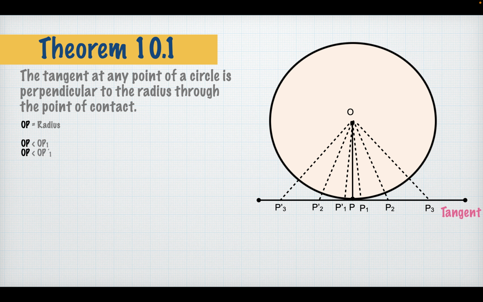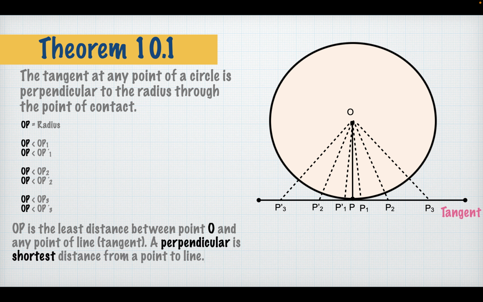So we can conclude the same thing about all the other lines that we drew connecting the center of the circle to the tangent. They are going to be greater than OP. This is OP, and OP is less than OP3 as well.